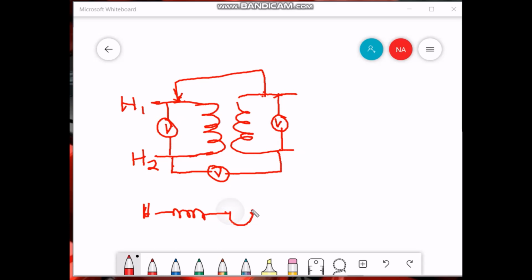So this is basically the short connection, and then we have the secondary side. This is H1. Let's say this is H2.